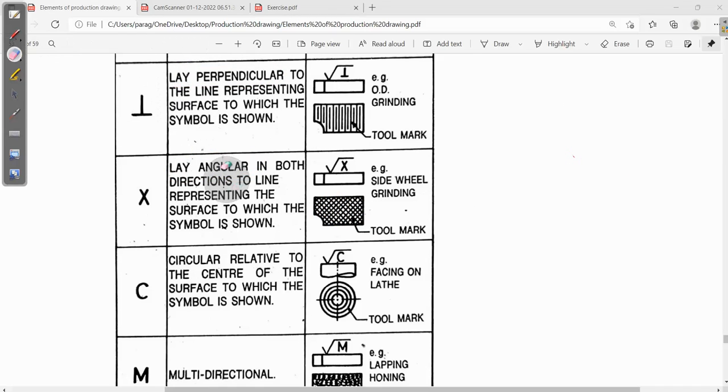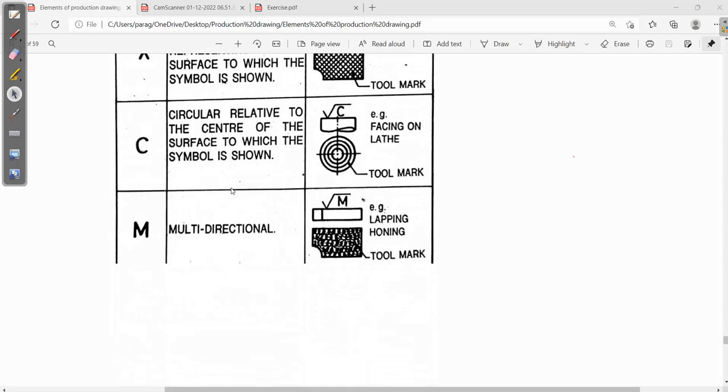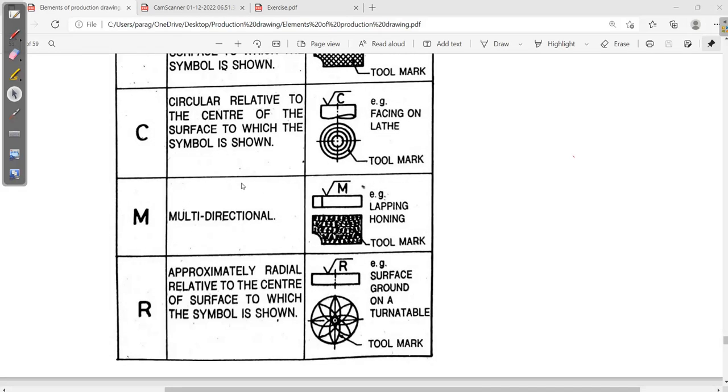Circular lay, for example a facing operation on a lathe. So this is circular lay. Multi-directional lay: multi-directional means it can be anything. When can we get multi-directional lay?